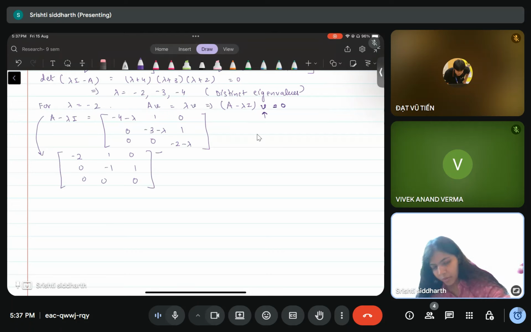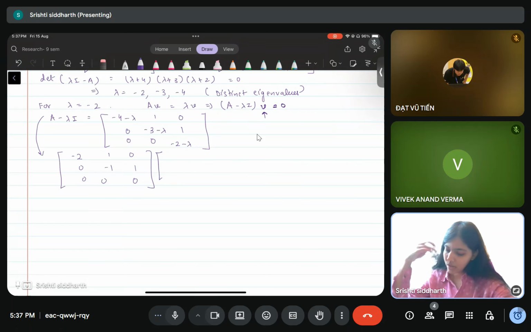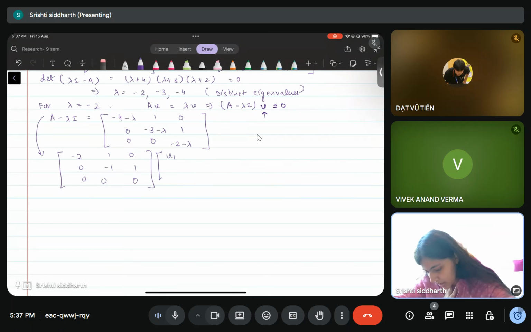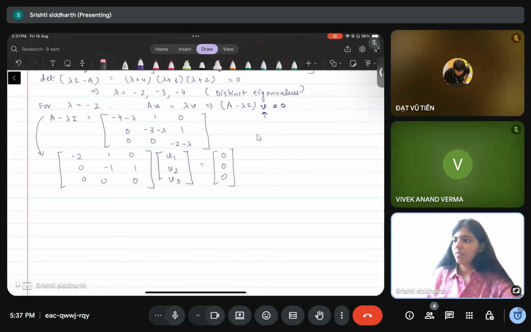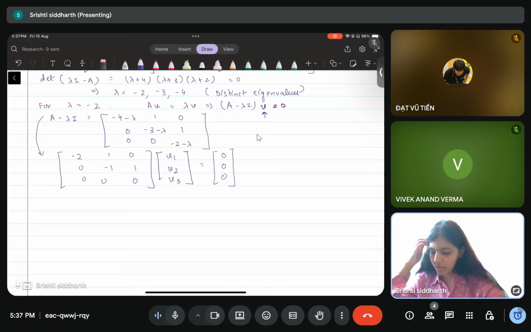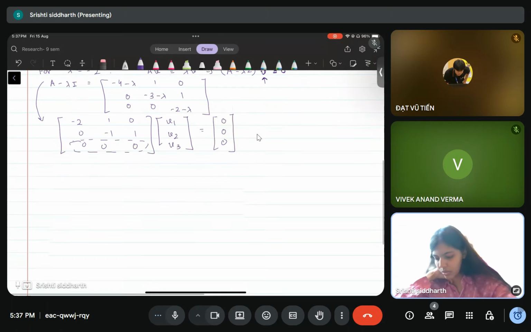The vector V would be a 3 by 1 vector. Let's name the components V1, V2, V3, equals 0. The objective is to determine this vector V. You can observe that this entire row is 0, so we just have two equations in three unknowns.